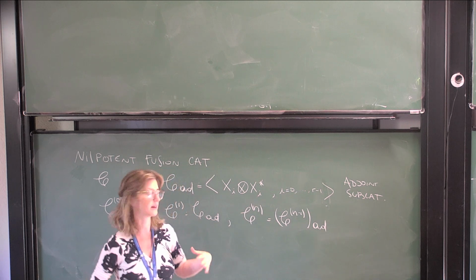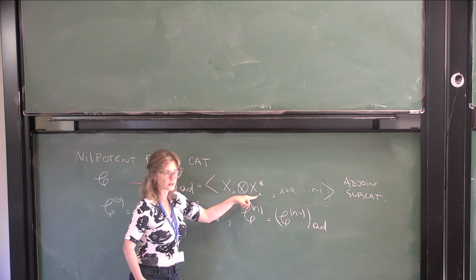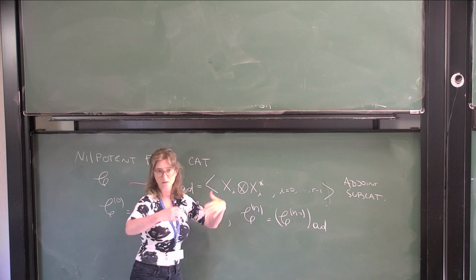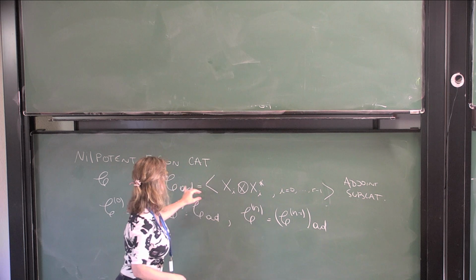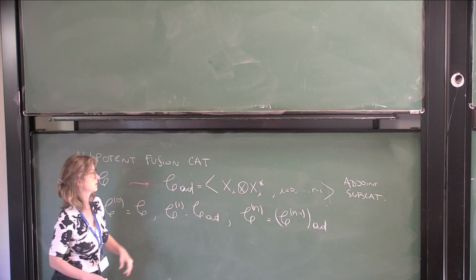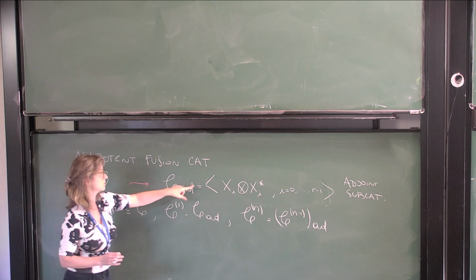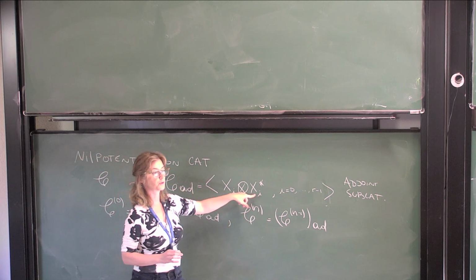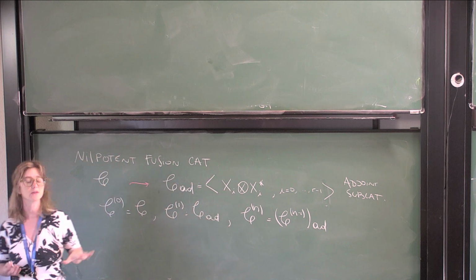So it's the category generated by these objects. So you take this tensor product, you look which simples you get in here, and you start getting a tensor category out of it. This is the subcategory of the original category, and it's called the adjoint, and it's important, and I might mention later more. And if you notice, this subcategory only depends on the fusion rules of the category. It's not taking into account the associativity at any point.